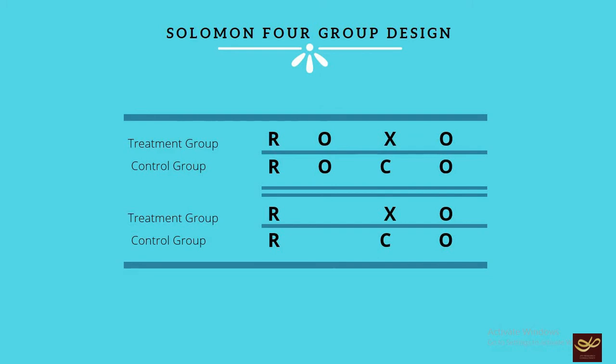Now the first pair, if you look at, were given pretest and post-tests. Now the remaining two pairs of treatment and control group were actually analogous to the post-test only. So it's like a combination of the randomized pretest post-test control group design and the randomized control group design. So that is the Solomon four-group design.